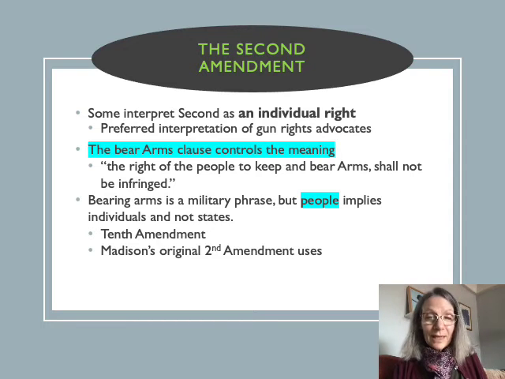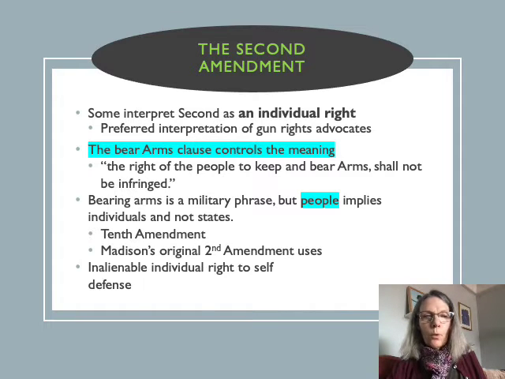When you look at that language, it's pretty clear that it seems to indicate an individual right to bear arms. However, that's not what ended up in the Bill of Rights. We've got to go with the text that's in the Bill of Rights. But that is one of the arguments that those who see the Second Amendment as an individual right point to.